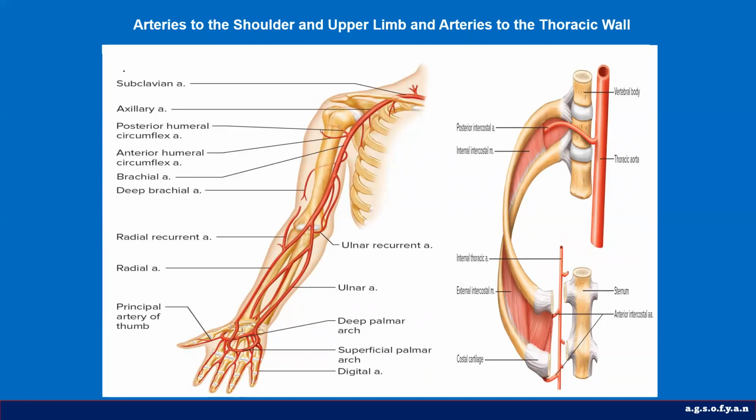So this is going to be the right side, the right subclavian artery. Then it will be branching into smaller arteries like the radial artery. This is usually the artery that we use for palpation to measure the pulse rate. And there is also the brachial artery. This is also another artery that we use to measure the pulse rate.